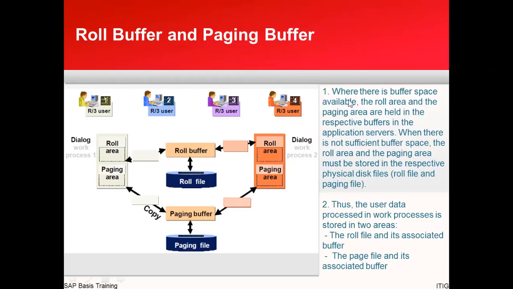So that is the underlying principle: if you have it available in the memory, use it from the memory, else it is provided from the file using the role file or paging file. Thus the user data processing in a work process is stored in two areas, the role file and its associated buffer, and the page file and its associated buffer.